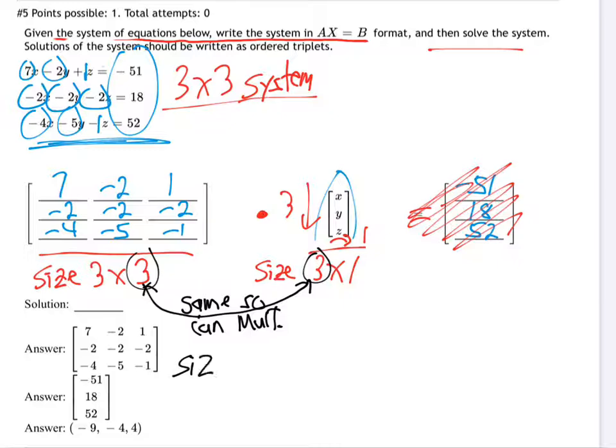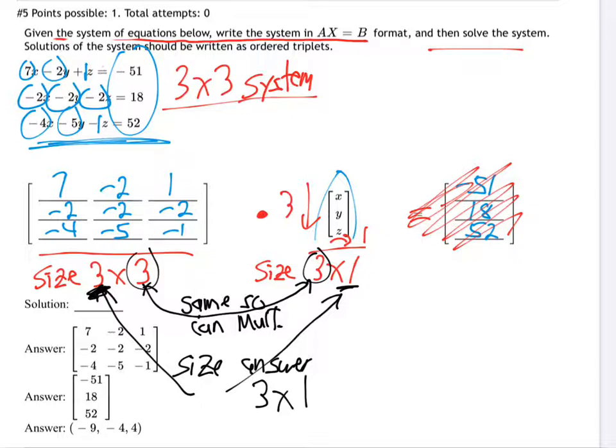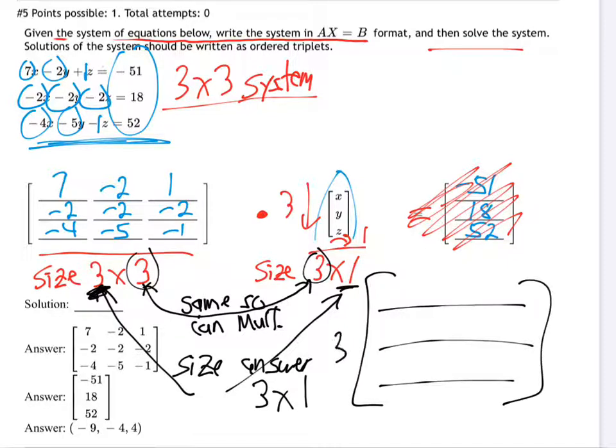The size of the answer will be the two outside numbers. 3 by 1. So the size of the answer will be 3 by 1. Yes, it will. And so it'll be 3 down by 1 across.